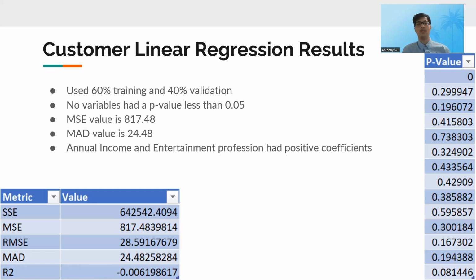The annual income and entertainment profession, as well as the male gender, were the only variables that had positive coefficients, which means that if you have a higher annual income and if you are in the entertainment profession, it is more likely that you will have a higher spending score. So it might be worth a store owner's while to mainly focus on the entertainment profession with regard to the linear regression results.